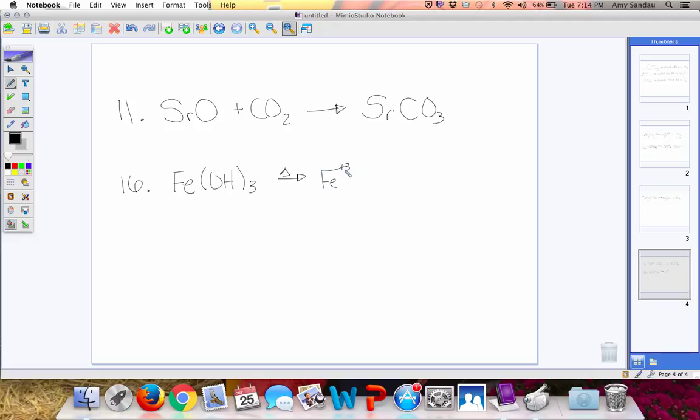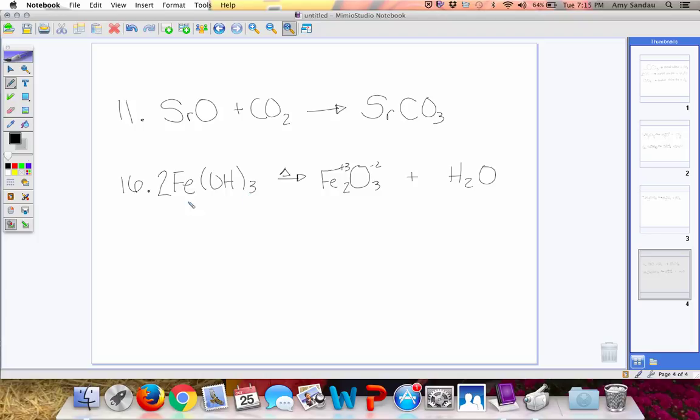So we know that the metal is iron with a +3, and since it's iron oxide, that's a -2, so we crisscross, it becomes Fe2O3, plus water, which is H2O, and then we have to balance. We have 1 Fe on this side, 2 on this side, so I better put a 2 here.